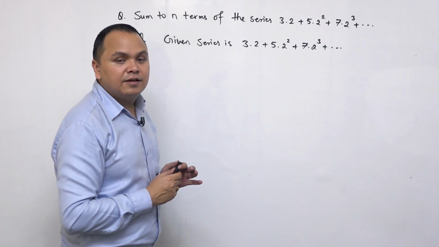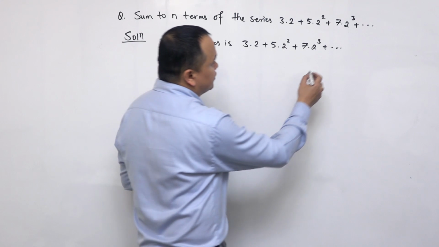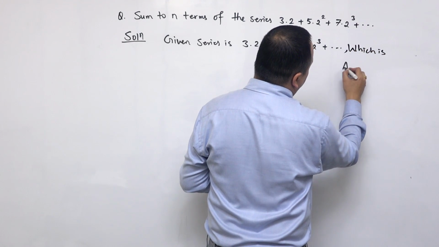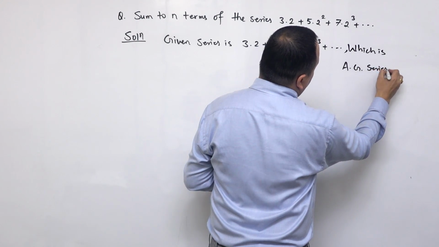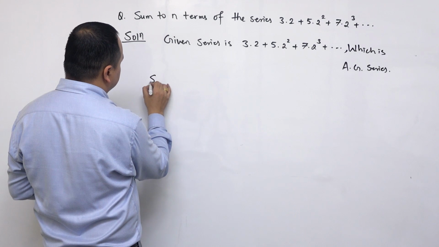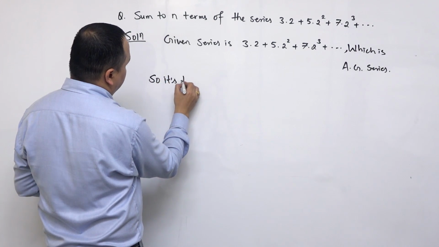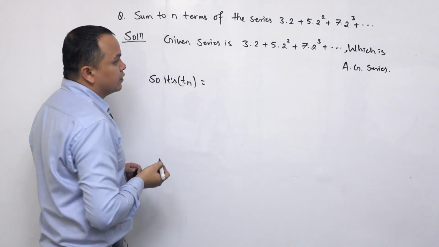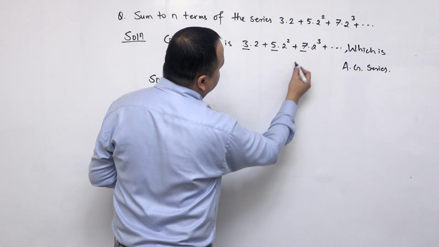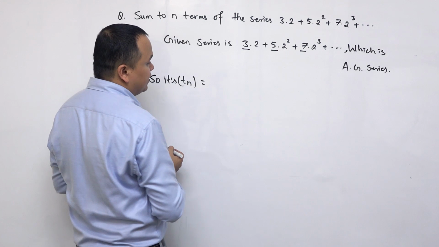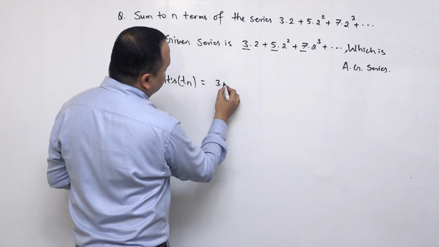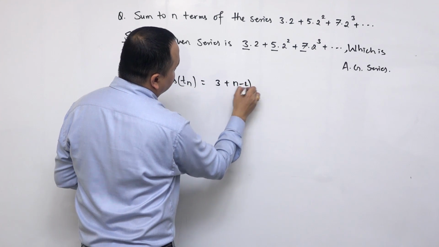So the given series is an AG series. So its Tn: Tn of 3, 5, 7 and so on, which is A plus n minus 1 times d, 3 plus n minus 1 times d.